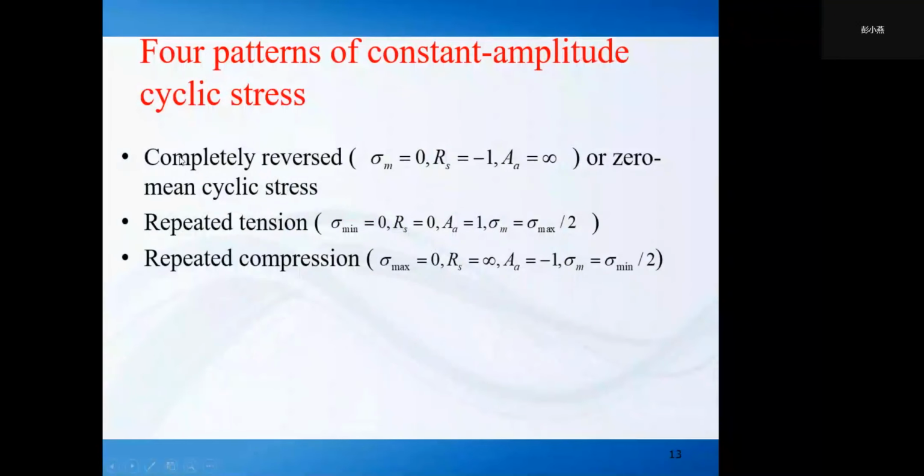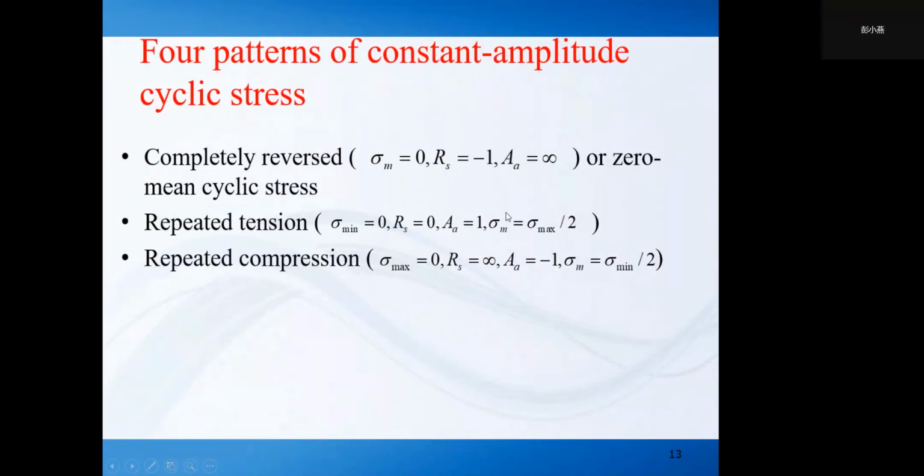Okay. For completely reversed stress, the mean stress is 0 and the stress ratio is -1. This is the amplitude ratio. The amplitude ratio is infinity. And for repeated tension, the minimum stress is 0 and the stress ratio is 0.